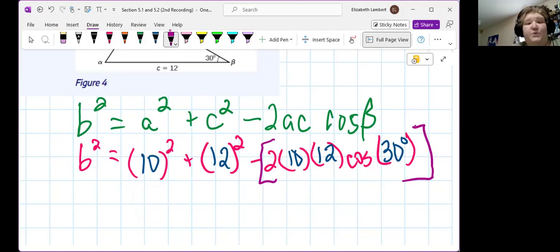What I really recommend when you're doing this, everything on the right side is numbers and functions. All of that, I can type it as is in the calculator, hit enter, and it will give me a number. Do that. Do not break up the steps. Type it all at once.